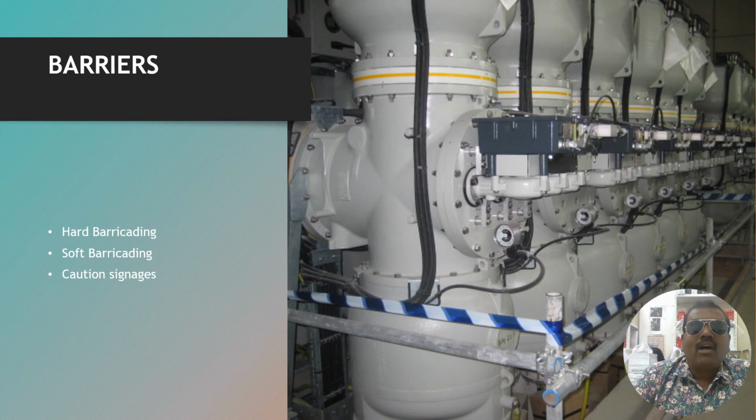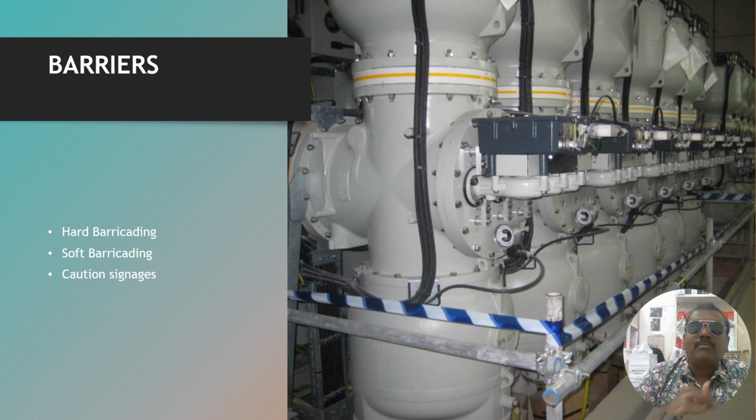So here, as I already said, a small identification signage sticker will not be enough for a huge area. In this condition, you can use this kind of barricade tape, which will indicate that this area is being controlled by the commissioning zone.